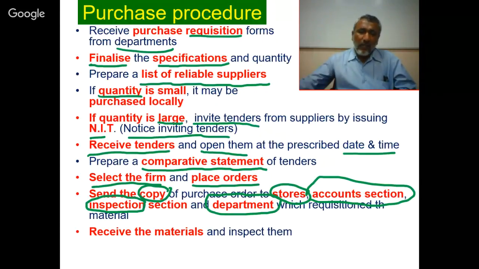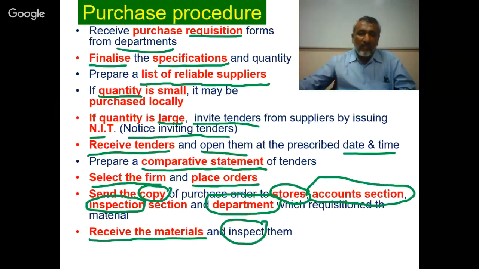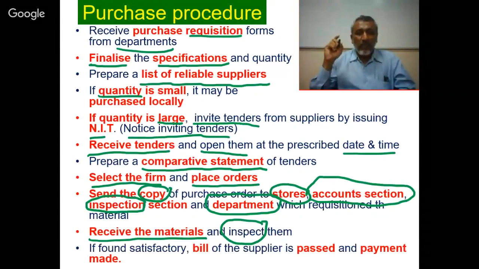And after some time, the supplier will supply the material. So these materials are to be received. The arrangement for receiving the material as well as inspecting the material on receipt is to be done. That is, receiving and inspecting the material is the next step in the purchase procedure.